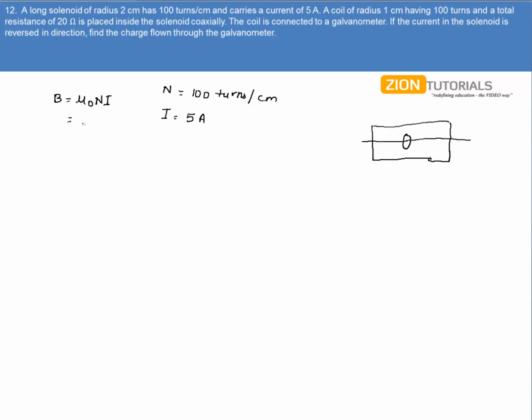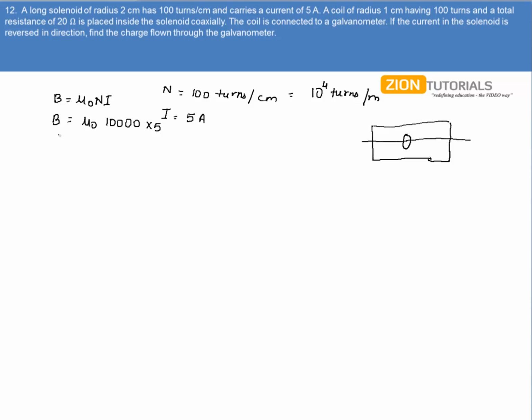So the magnetic field is mu naught into 100. Now this N is per centimeter, we have to convert it into per meter so that every unit is in SI. So we multiply by 100, and we get 10 to the power 4 turns per meter. So B is mu naught into 10 to the power 4 into 5. This is the magnetic field at the center or at the axis of the solenoid.